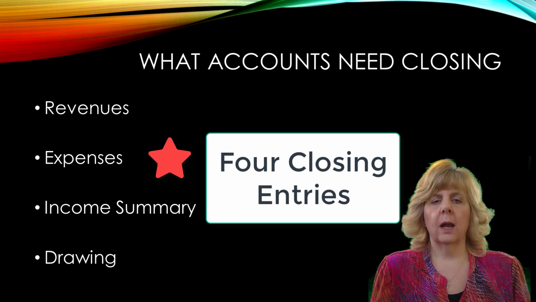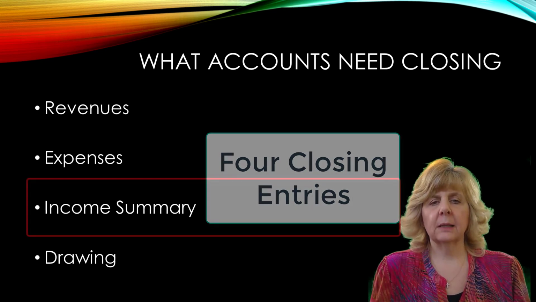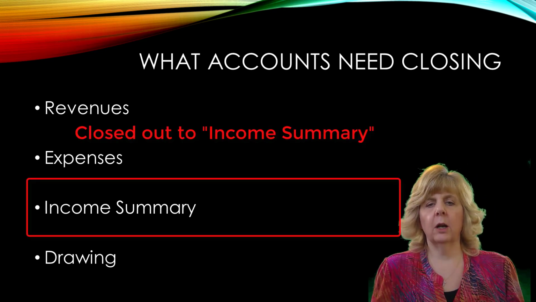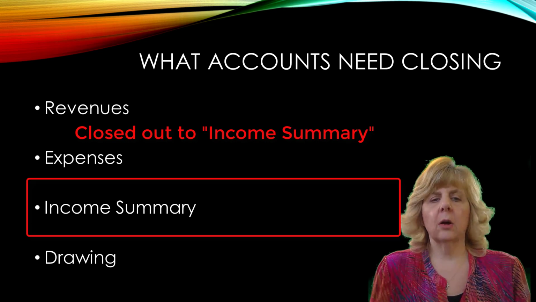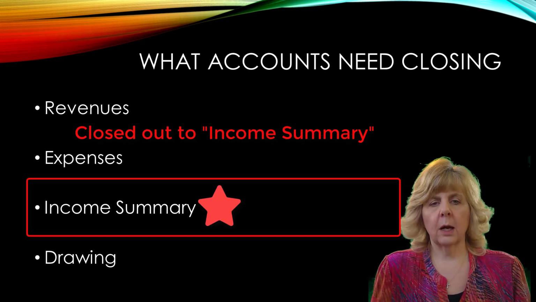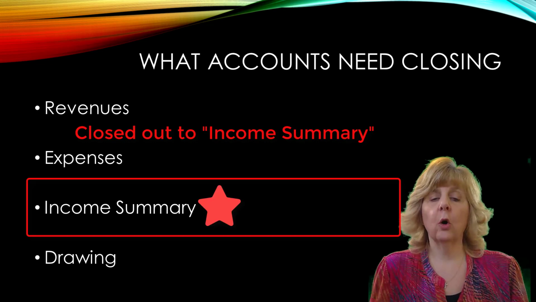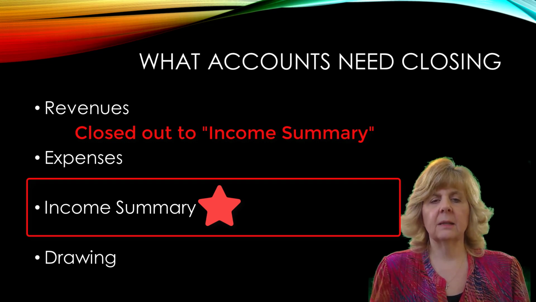Second, we'll locate all the expense accounts and close them out. Revenues and expenses will be placed in what I call the junk drawer in a brand new account called Income Summary. Income Summary will be a temporary holding account that will place the revenues and expenses in.